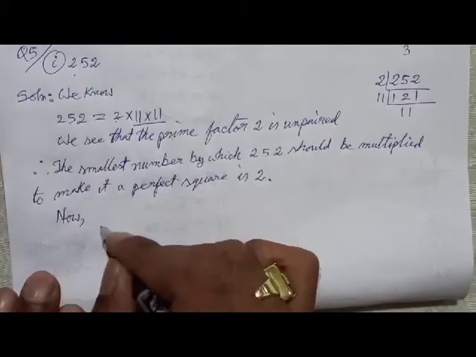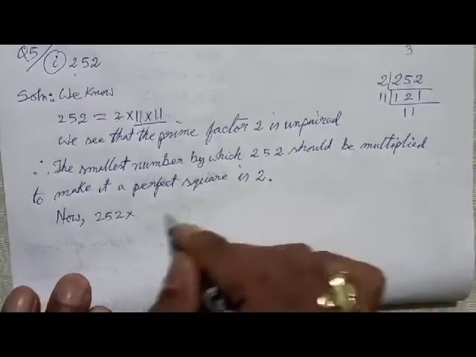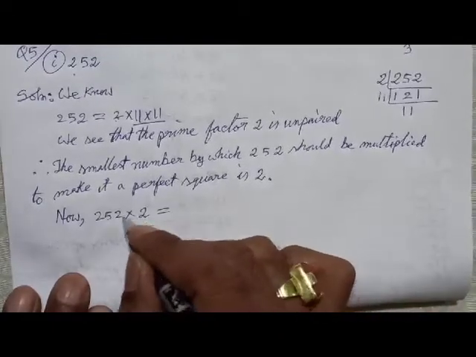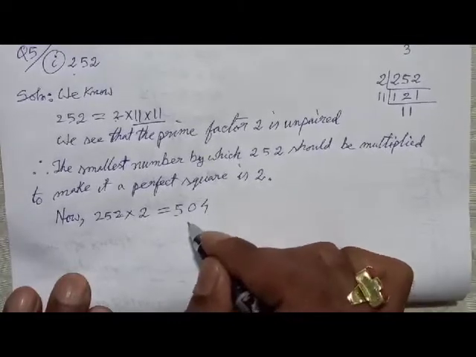Now 252 will be multiplied by this 2. If we multiply 2 times 2 is 4, 2 5 times is 10, 4 5, we are getting 504.